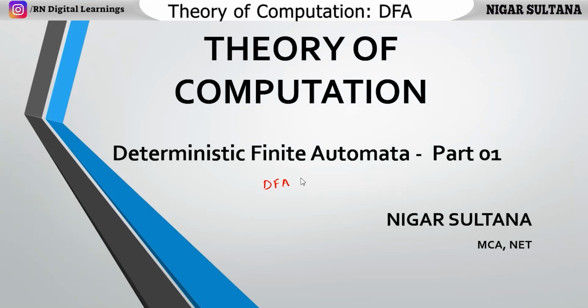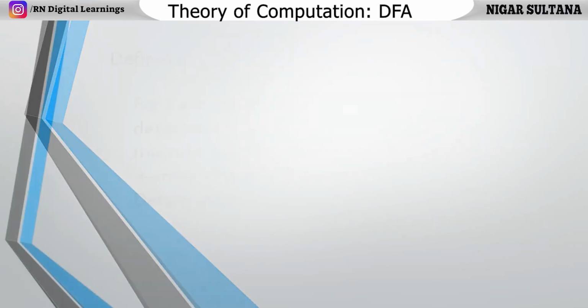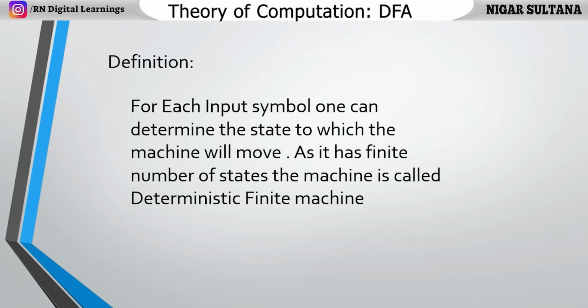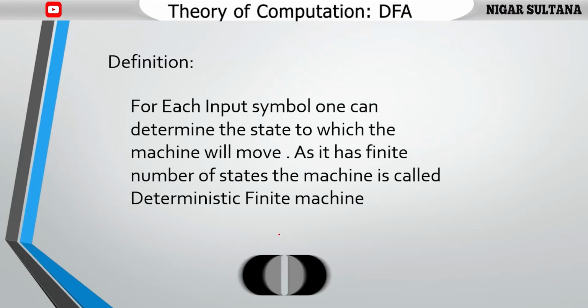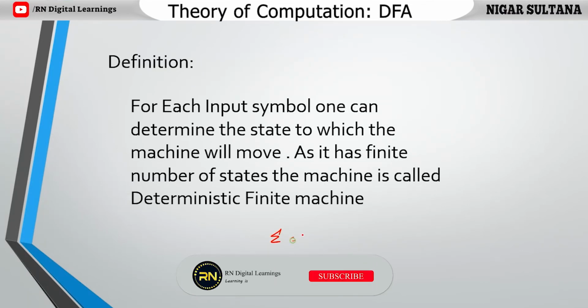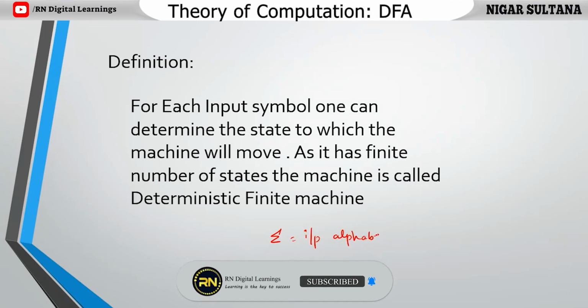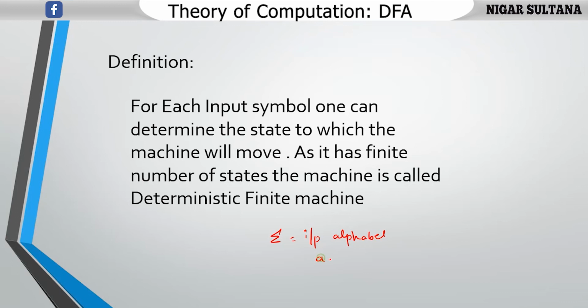First, let's understand the definition of DFA. What is DFA? As I have told you, sigma indicates the input alphabet. So, this is your input alphabet. For each input alphabet, there is a path from one state to another.